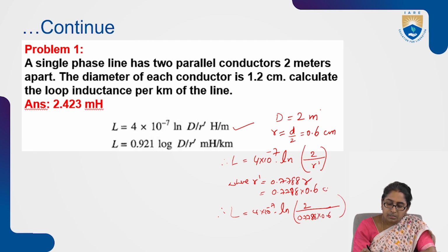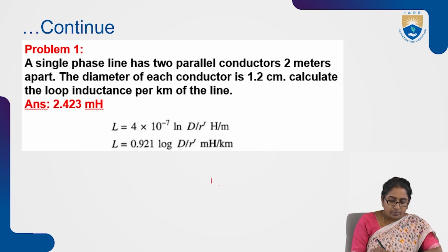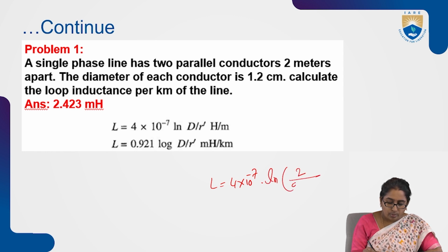This is in centimeters, but this 2 is in meters, so this is 0.2. So finally, L is given by 4 into 10 power minus 7 log base e of 2 by 0.7788 into 0.6, with 10 power minus 2.